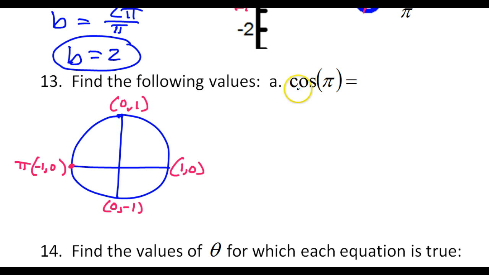Now the cosine is always the x value on the unit circle. So that's a cosine, that's a cosine, that's a cosine, and that's a cosine. So specifically, we are being asked what's the cosine at pi? Well, at pi, it's -1. So that's it.